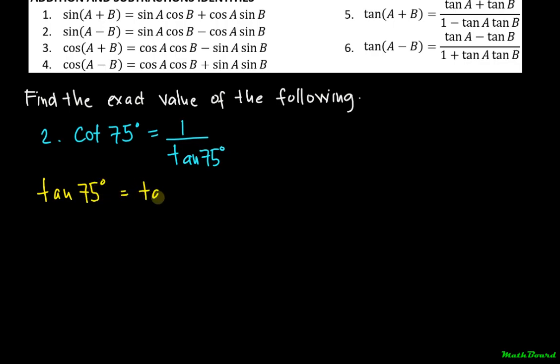That would be tangent of 45 degrees plus 30 degrees. This is the same as tangent 30 degrees plus tangent 45 degrees. So we're going to use the fifth identity, this identity. Okay?